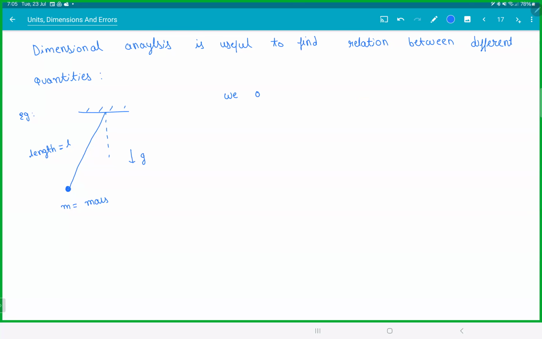Let me show you one. So we observe the time period. This is the time taken for one oscillation.